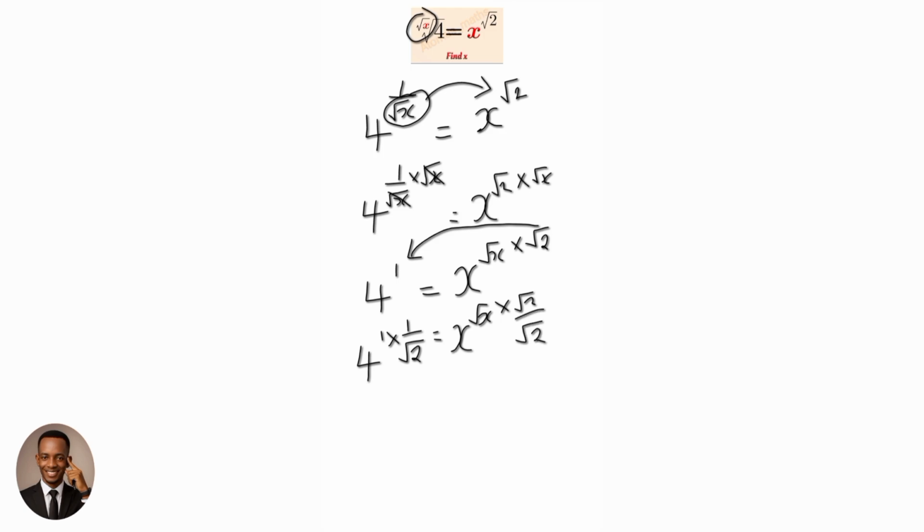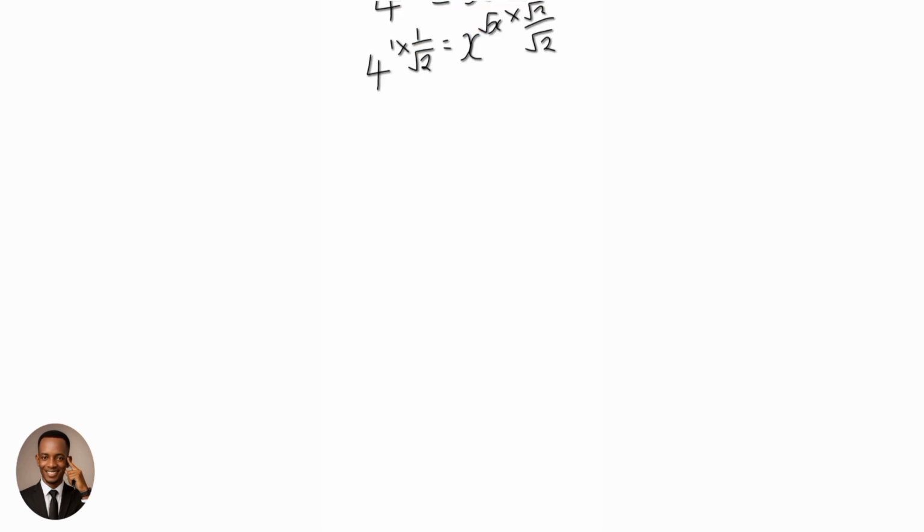Yes, when we multiply root 2 by that, we're going to have root 2 over root 2. Now going further, root 2 cancels root 2. So here now I'll be left with 4 to the power of 1 over root 2 equals x to the power of root x. Yes, that's very good. Now we are done with the first phase of the problem.